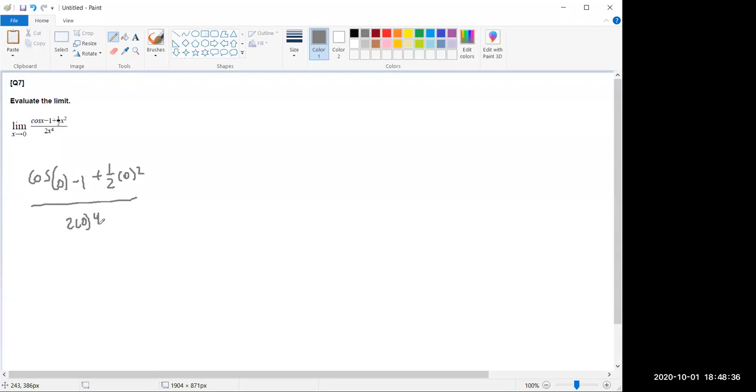So if you know anything about math tests, it's usually never like that, right? So this is probably an indeterminate form. I think we get 0 over 0 here. So because we get an indeterminate form, you need to use L'Hopital's rule.